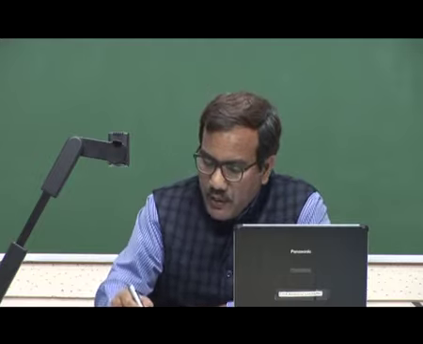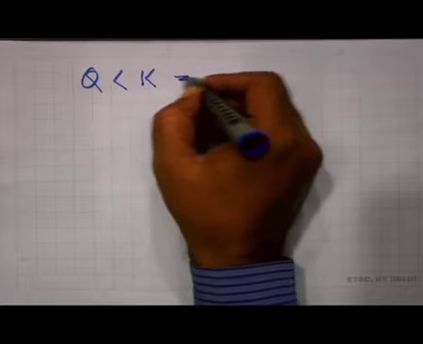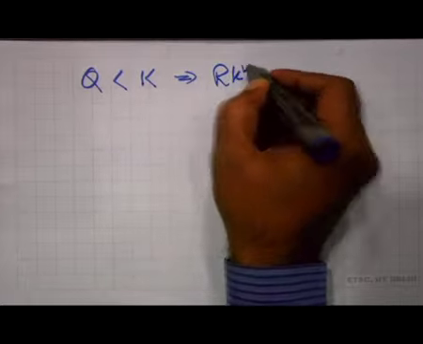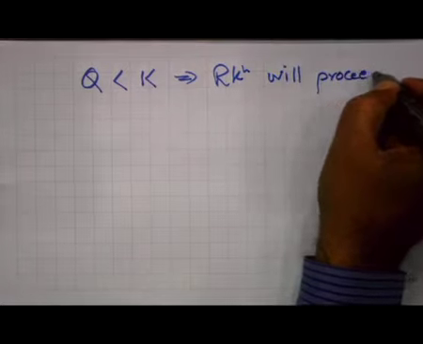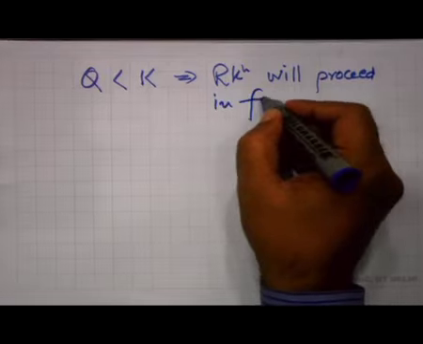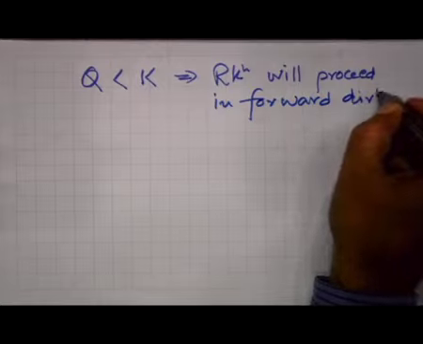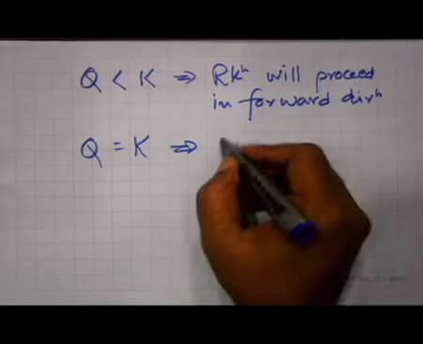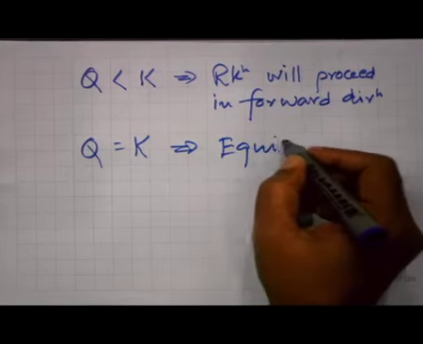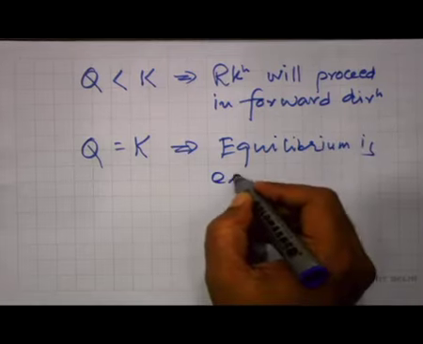So, we have three different conditions. One is Q less than K, then the reaction will proceed in the forward direction. Q equal to K, then equilibrium is established.